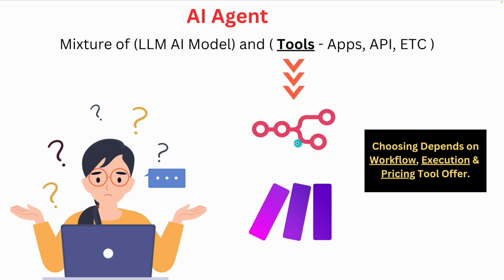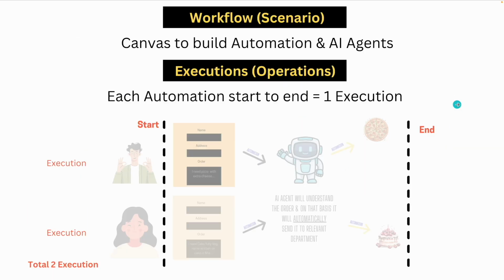If you're confused about what tool to use, you must check the workflow, execution and pricing of that tool. On this basis you can understand which tool to use, and of course I will give you my recommendation. But to choose any tool, you first need to understand what the workflow and execution are.